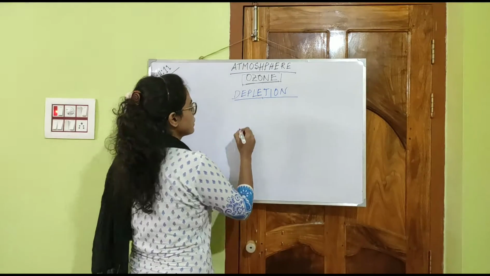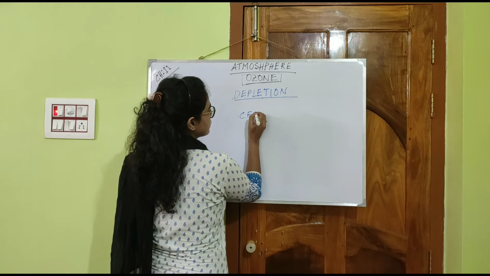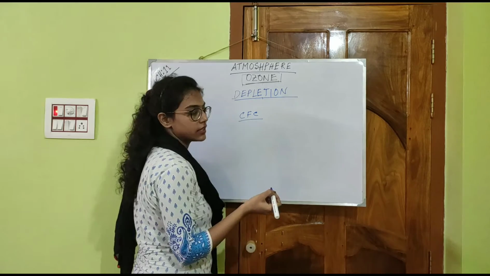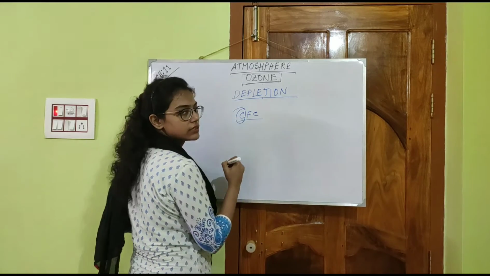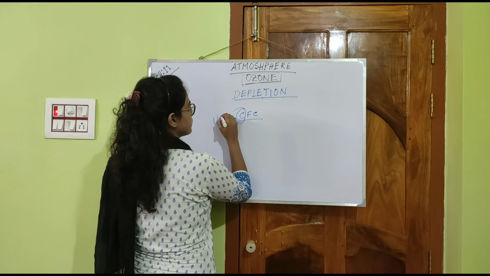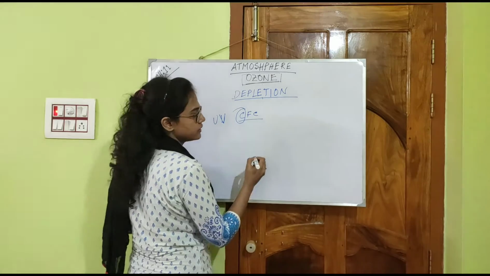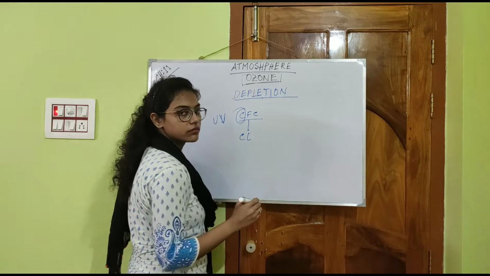Firstly, the refrigerator and AC release the CFC. There is already chlorine in it. By the ultraviolet ray, the CFC is broken down, and we are getting the chlorine.